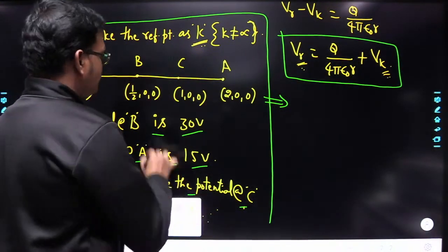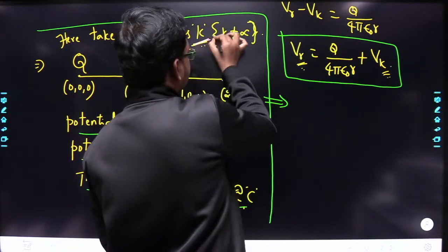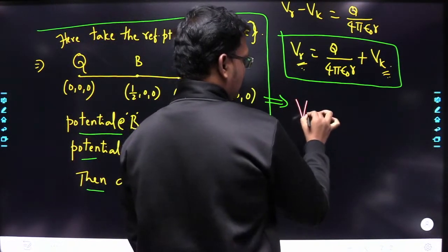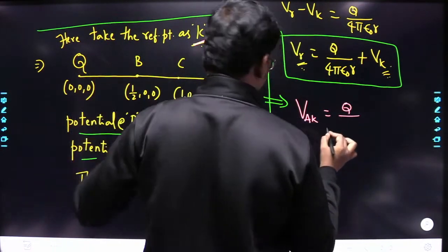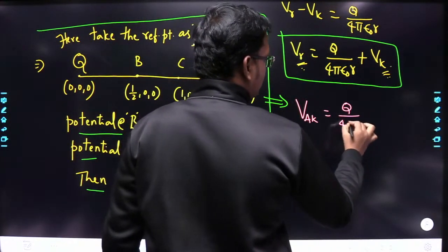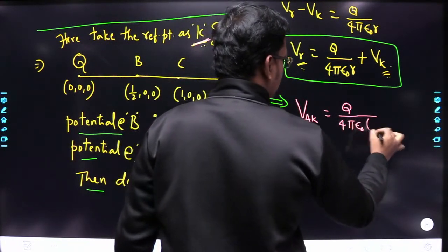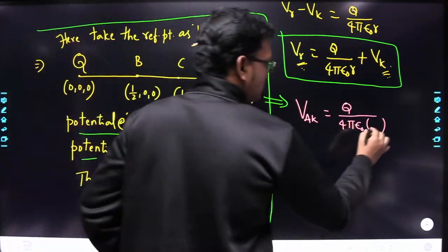Okay. How can you determine it? See here. The potential at any point is defined with respect to K. So the potential at A with respect to K is equal to, due to a point charge, Q by 4 pi epsilon naught into the distance from here to here, which is nothing but 2 units.